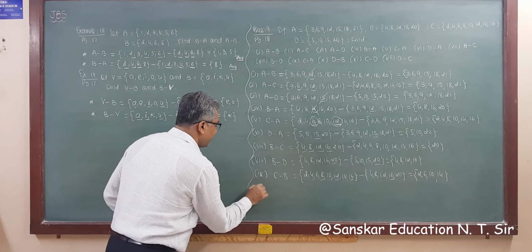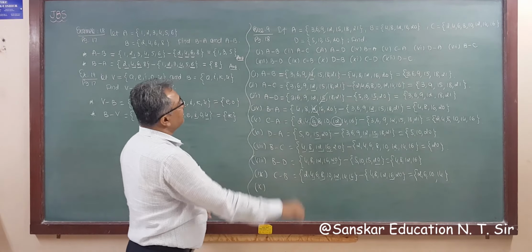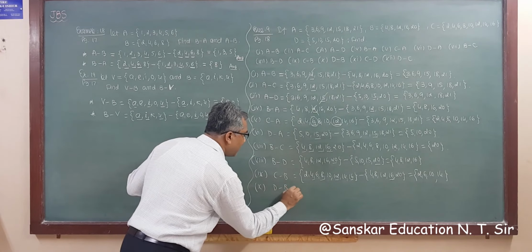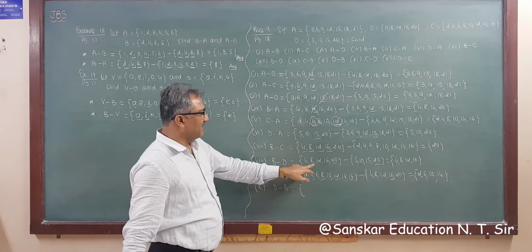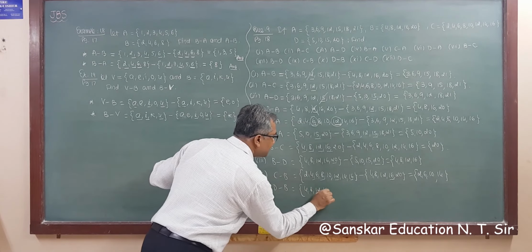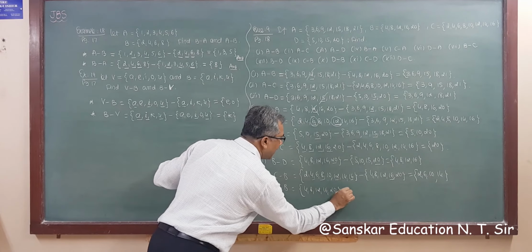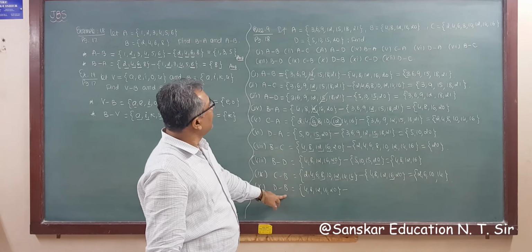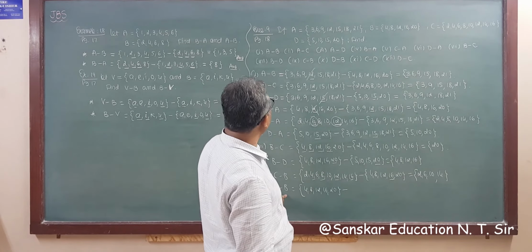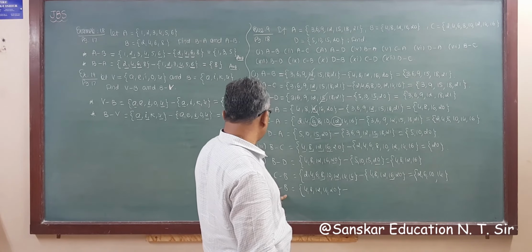Then question number 10. Question number 10 is D minus B. D is 4, 8, 12, 16, 20, minus B. B is 4, 8, 12. D is, how do we write this?